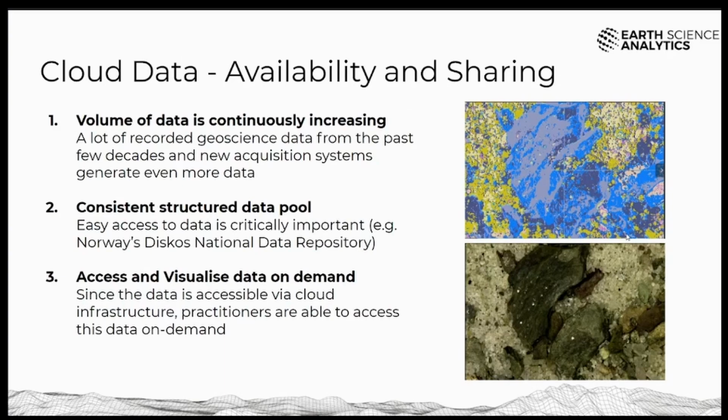It needs to be interpreted, and the example on top shows how machine learning has been used to automatically interpret the fragments of rock in such an image. This initiative is driven by the Norwegian Oil and Gas Association, and this type of data will be made available eventually through the National Data Repository of Norway, Diskos.